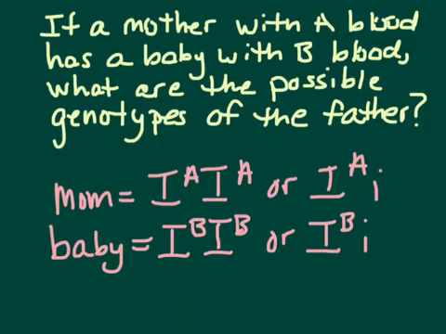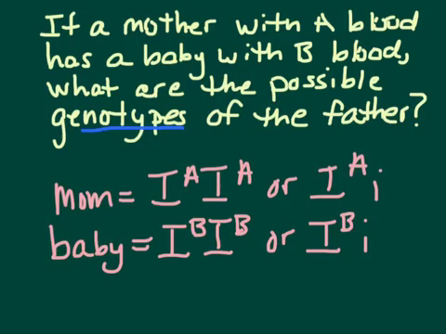This is kind of a typical problem. If a mother with A blood has a baby with B blood, what are the possible genotypes of the father? And you want to be always careful about genotypes and phenotypes. So remember that phenotype is physical characteristic, and genotypes are the actual letters, the alleles.